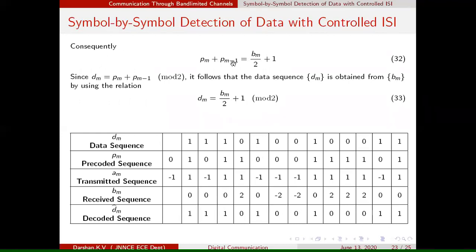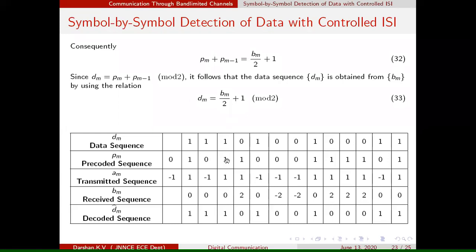Just observe the LHS part. What is PM plus PM minus 1? PM and PM minus 1 are binary data, the pre-coded sequence and the previous pre-coded sequence. So what is this binary addition? Binary addition means the XOR operation, which you know already.